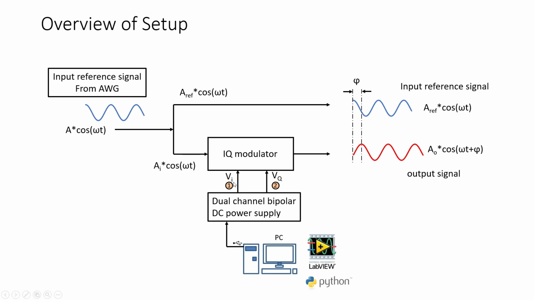VI stands for voltage in phase and VQ stands for voltage quadrature. And in the upcoming slides we will see how IQ modulator works and the relationship between VI, VQ and A0 and phi, and how to generate the required output signal by controlling the DC power supply using LabVIEW.